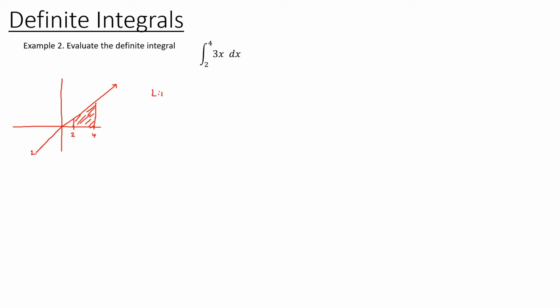So the limit as n approaches infinity of 2 over n, because the delta x is 2 over n. And once again, we're going to use a right endpoint because that's the easiest. It'll be 2 plus 2i over n, which comes out to be 2n plus 2i over n.